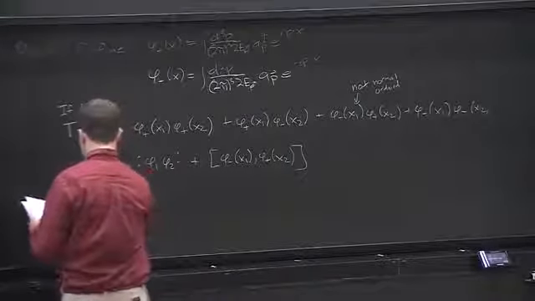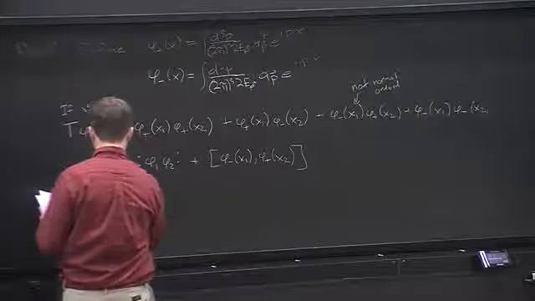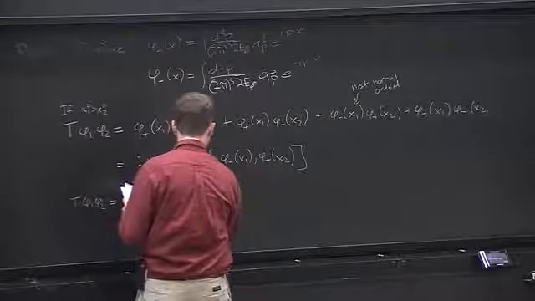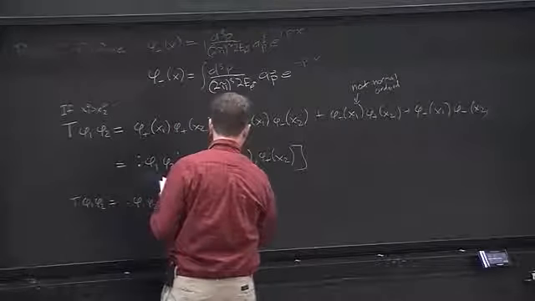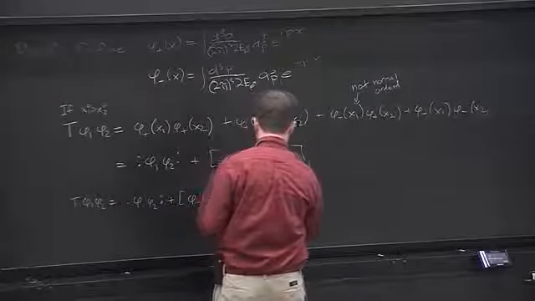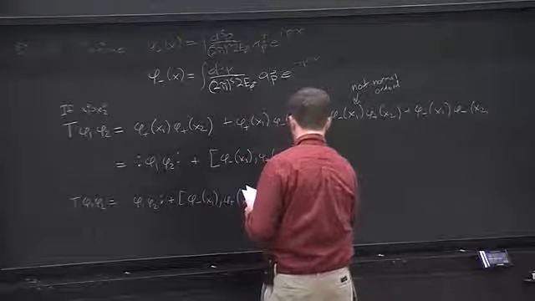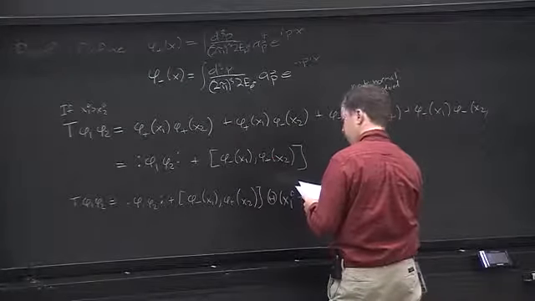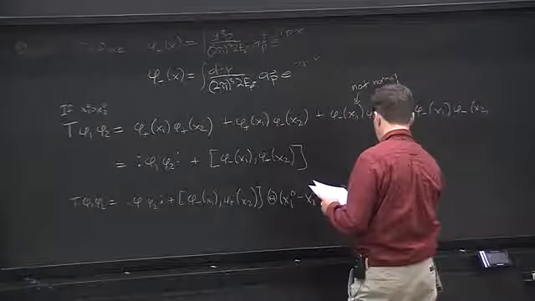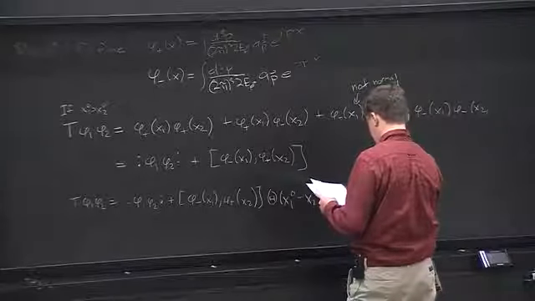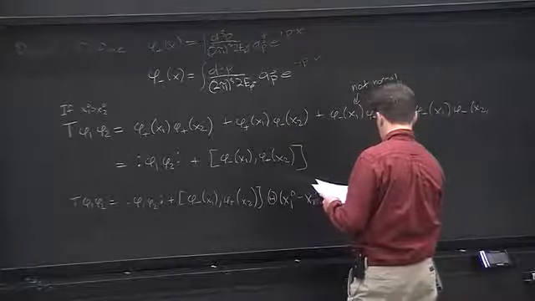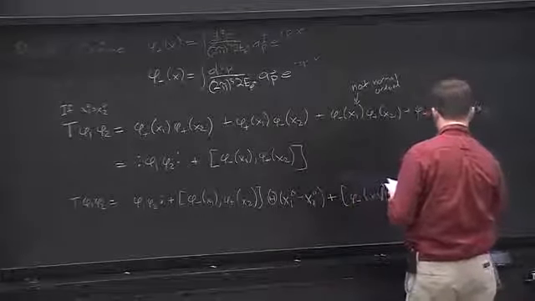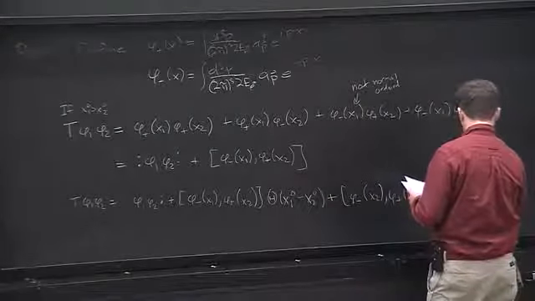And so what we get is the time ordered product of phi 1, phi 2 is the normal ordered product of phi 1, phi 2, plus the commutator of phi minus x1, phi plus x2, times theta of x1 naught minus x2 naught, plus the opposite commutator, phi minus x2, phi plus x1, times theta of x2 naught minus x1 naught.